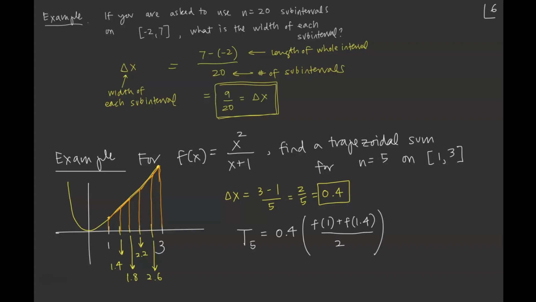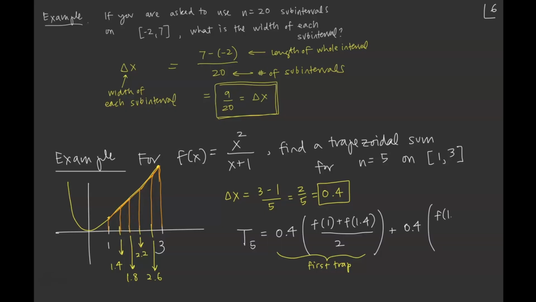This is just the first trapezoid. Then the second trapezoid will be a width of 0.4 times, now we're going to have an average of these two legs here. We've got our width of 0.4, and then we need f of 1.4 and the average of that, and f of 1.8.